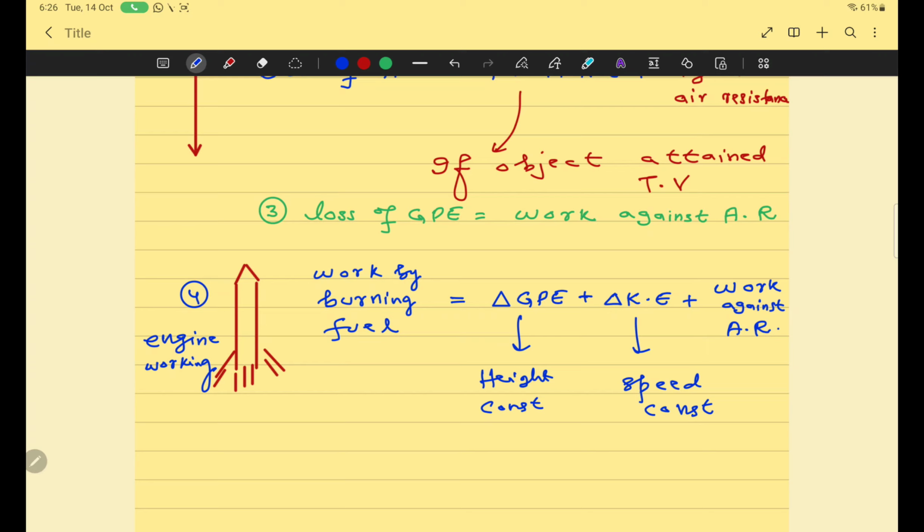And if height is not changing, then gravitational potential energy is not increasing. So you should read the question and then decide which factor should be erased from the equation. If height is not changing, then GPE should be erased. If speed is not changing, then kinetic energy should be erased.